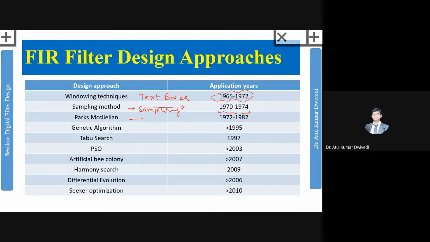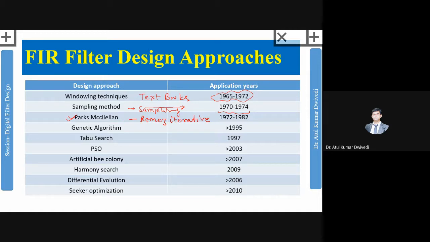Then Parks-McClellan was a very important revolution in FIR filter design, and they used an iterative algorithm for their design.